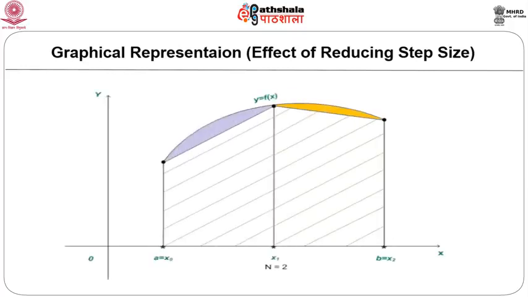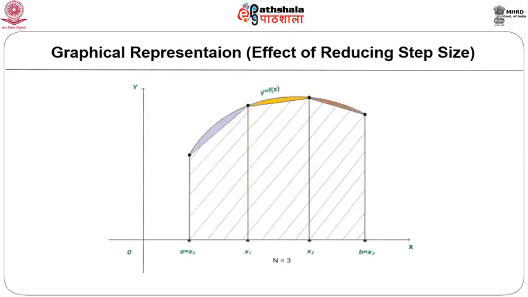Next figure, n is equal to 2, the interval is divided into 2 sub intervals. Our abscissae are x0, x1 and x2. You can look, the strips are becoming smaller and the shaded area shows that the error in the integration for the area under the curve has become smaller.